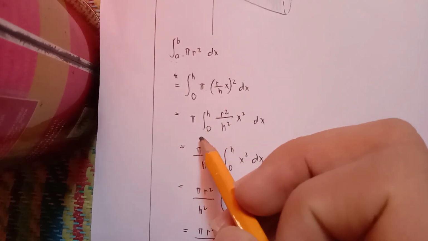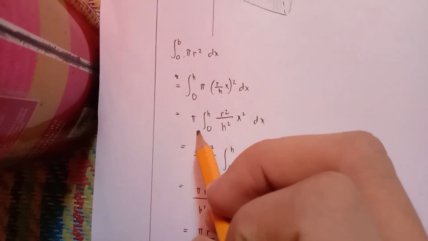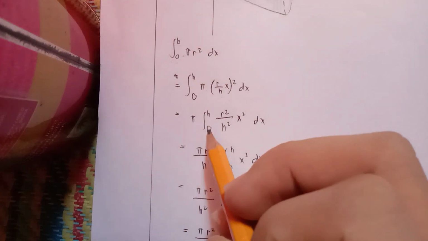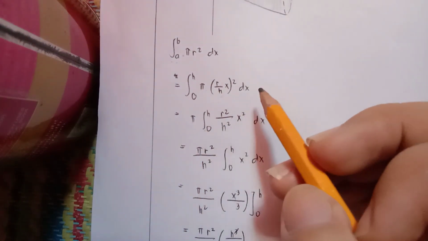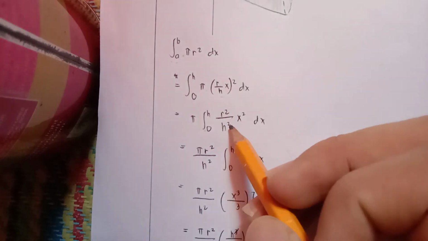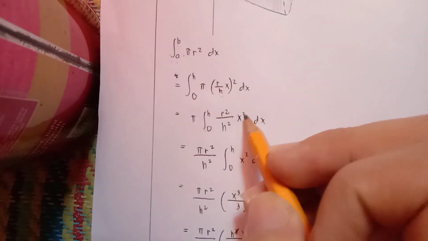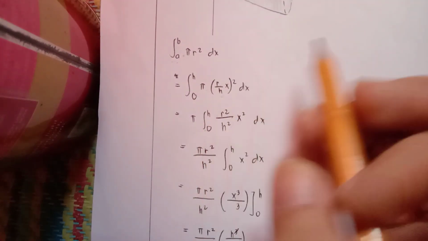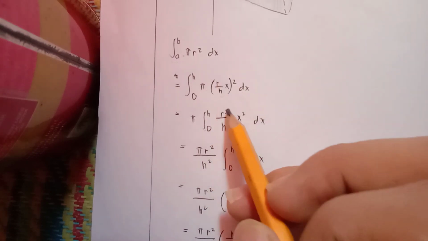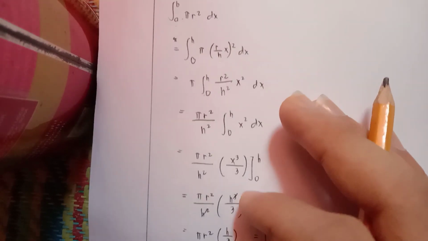Then we take pi outside since it is a constant. So pi times the integral of r squared over h squared times x squared dx from 0 to h, and we just expand the square.